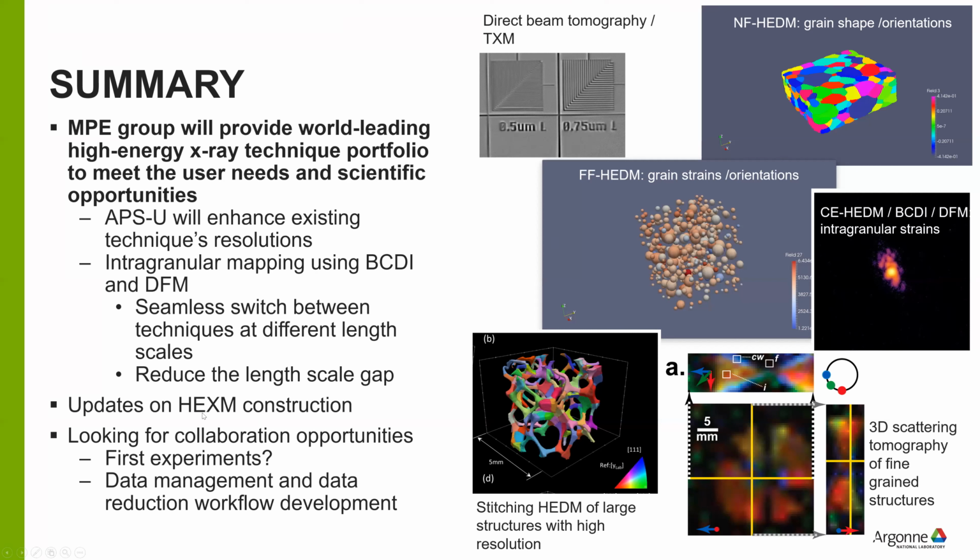I've provided some updates on the HEXM construction today, and I hope this talk sets a platform for where we can start talking about more collaboration opportunities and discuss some first experiments and how we can reduce this data and use this tool more effectively.